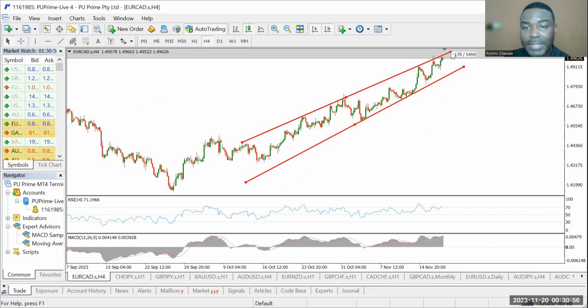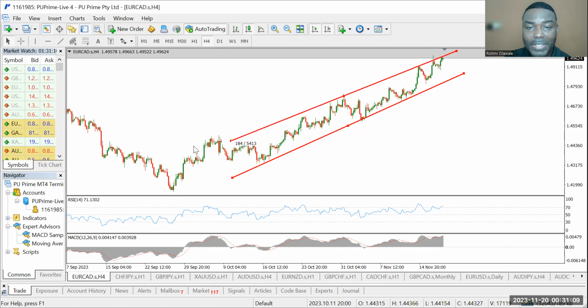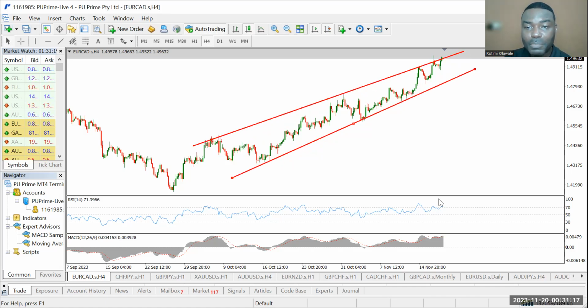So we have price hit a resistance on the weekly time frame, and we have a rising wedge on the 4-hour time frame. This is telling us of a potential bearish movement on EURCAD for this week.